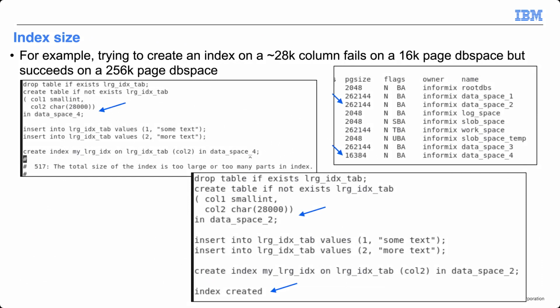I try and create the index on a 16K page size, database 4, and it fails because it's bigger than the page size. But if I create it on a 256K page size in data space 2, the index is created and you're off and running.